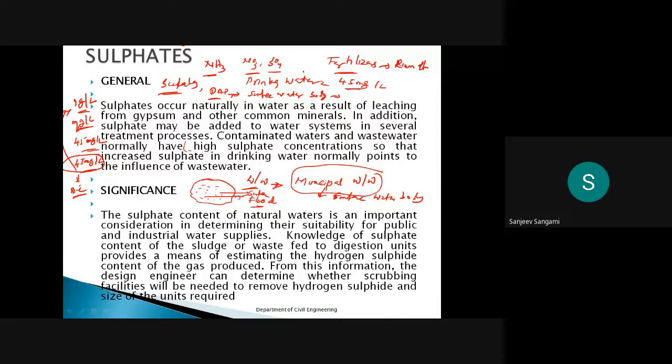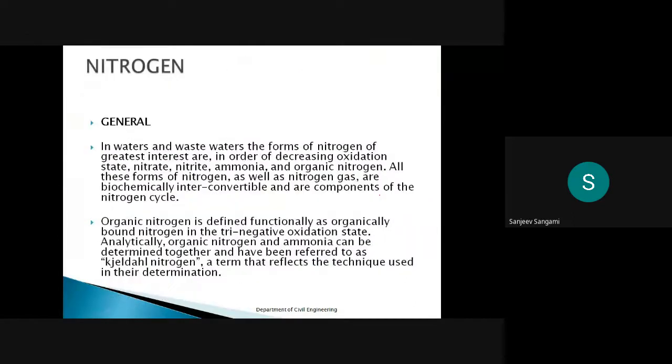The method of determination of sulfate is, of course, with the help of the spectrophotometer. We use the spectrophotometer to determine sulfates in drinking water. Then the nitrogen, we will discuss possibly in the next class.